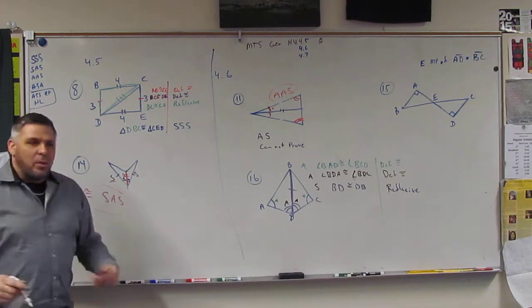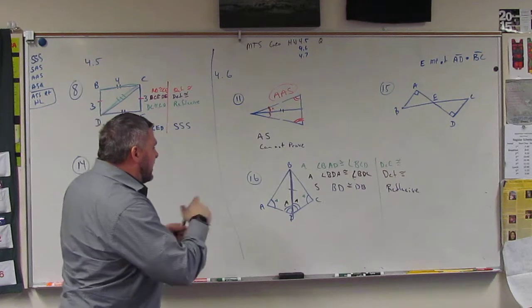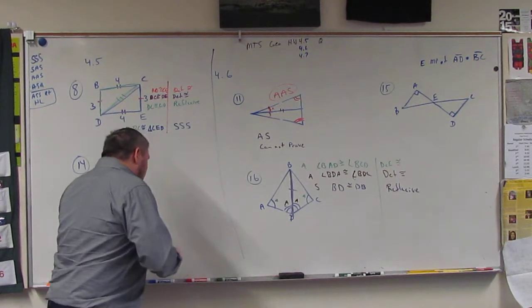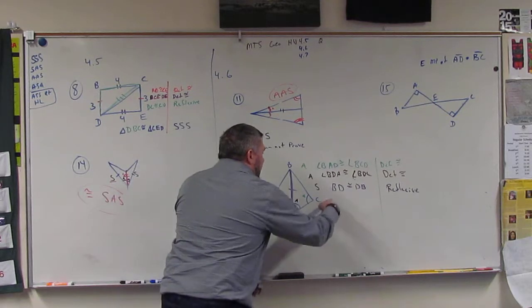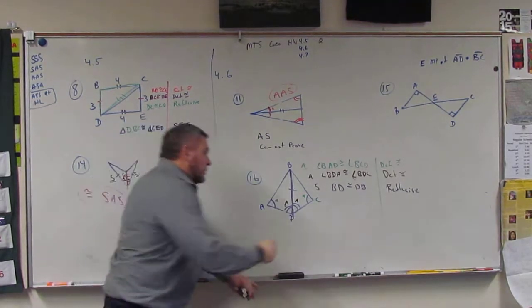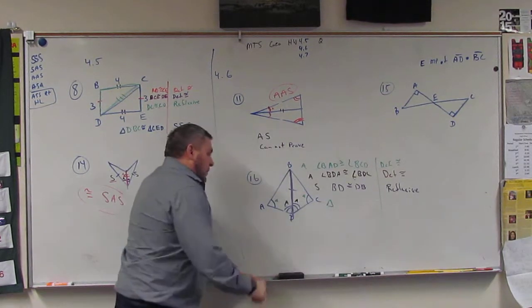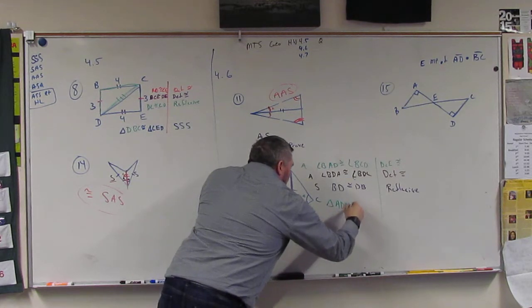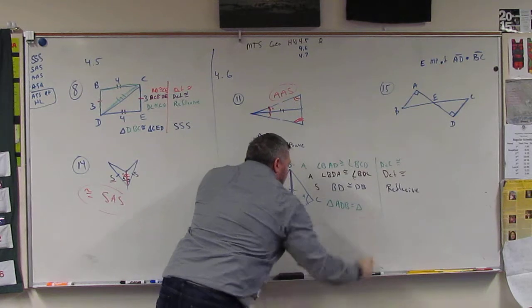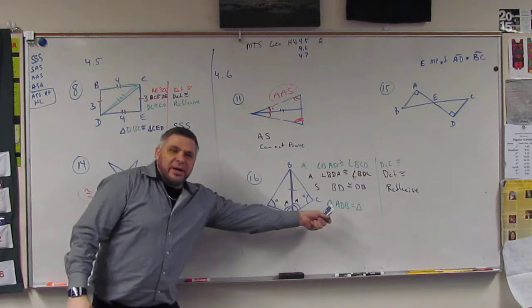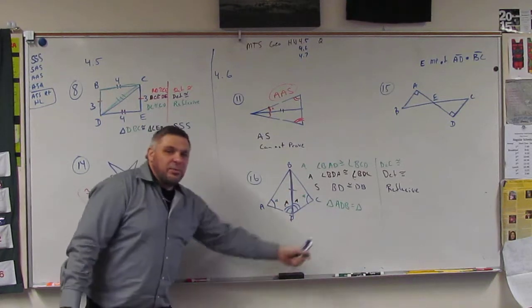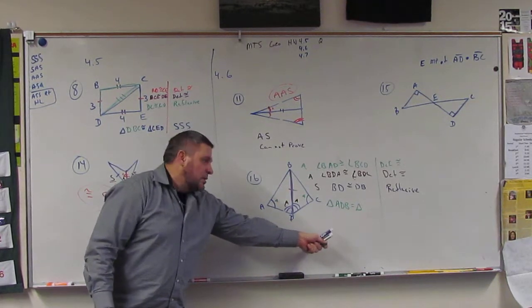So we have to name these in the correct order, right? So how are we going to name this triangle? If I say triangle ADB, what is that congruent to? How would I say this side? If I say ADB, then what do I have to say over here? CDB.